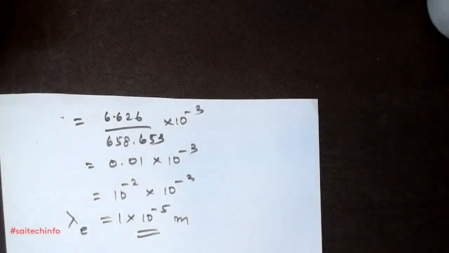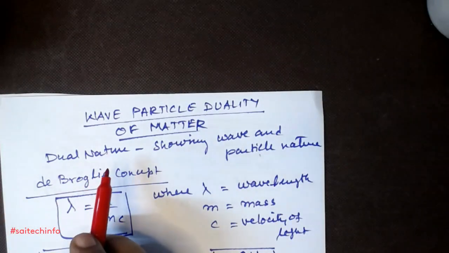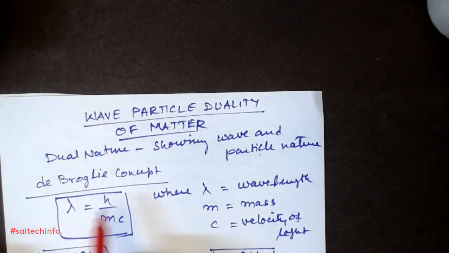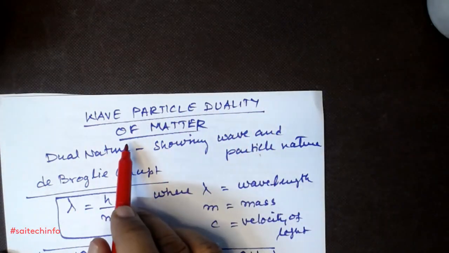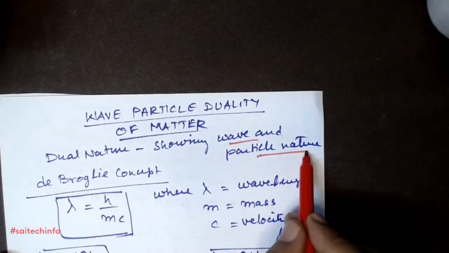Then we explained about the particle and wave nature of matter, the dual nature, showing wave and particle nature.